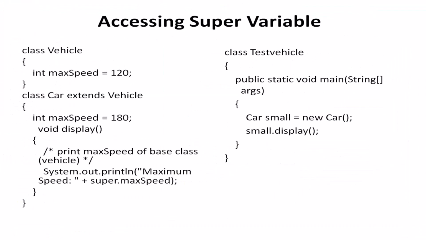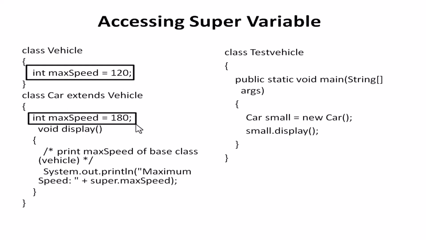Accessing a super variable. For example, if you are going to access a method, super.method. Similarly, whenever you have variables with the same name, so max speed 120 here, and max speed 180 in the class car. At that time, to inherit which particular vehicle speed you need, you need to specify super. So for example, in this one, super.maxSpeed, you are present in a class called car.